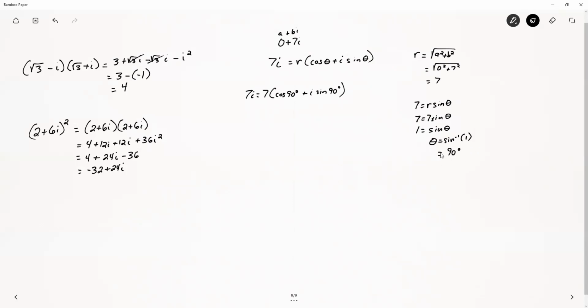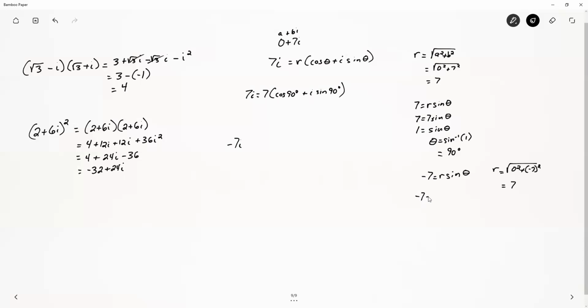One quick comment, if you end up with, say, negative 1, so say you had calculated this and it had been negative 7i. Let's look at that. If negative 7 is equal to r sine theta, r is going to be the square root of 0 squared plus negative 7 quantity squared, which gives you 7, because negative 7 times negative 7 is positive 49, and the square root of 49 is 7.